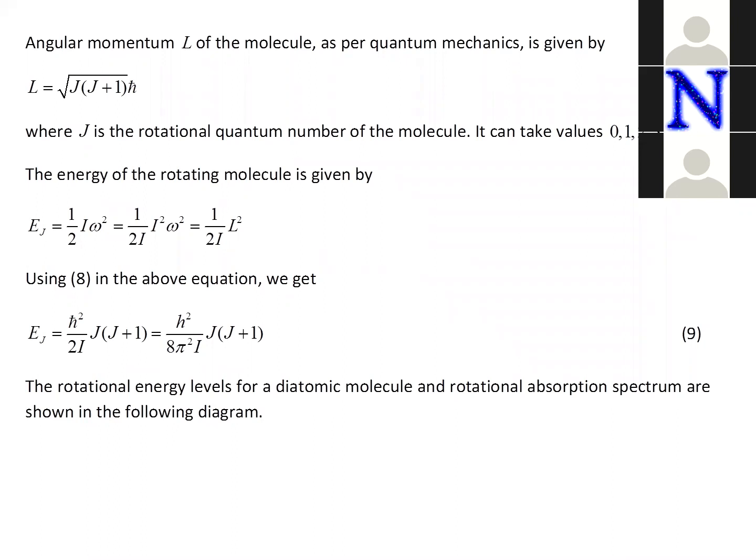The number is increasing, so the separation also increases. So the conclusion is, as per equation 9, the rotational energy states are not equally spaced. They are unequally spaced in such a manner that the rotational energy difference between any two successive rotational energy levels increases with increasing J. We say this in words, but seeing it in a diagram makes it easy to understand.